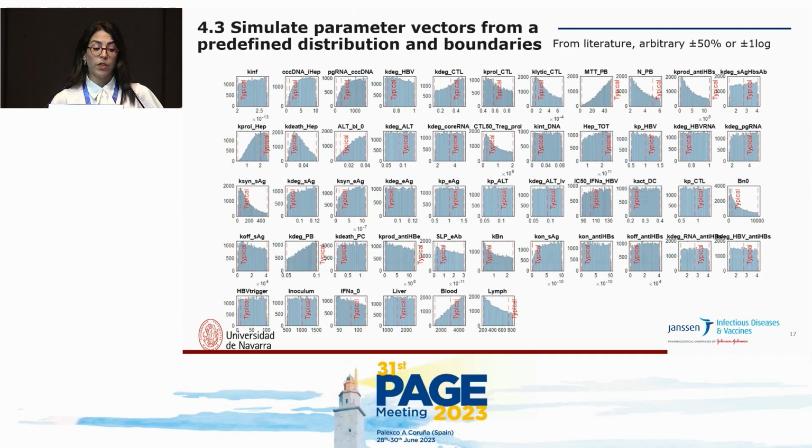Here I show the distribution of those sensitive parameters and boundaries according to literature and/or arbitrarily defined in case data was not available.